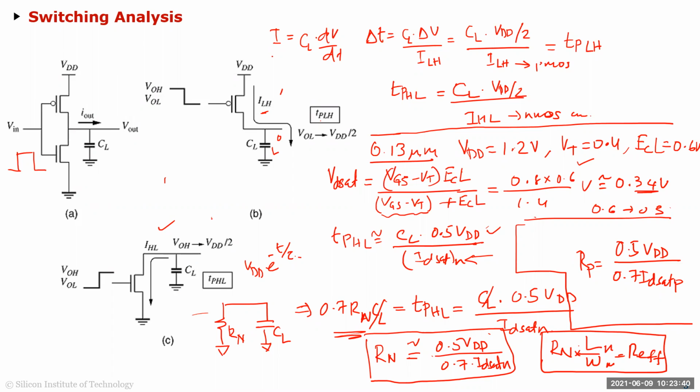We are discharging it from VDD or VOH to VDD by 2. In case of CMOS, it will be VDD to VDD by 2. And in case of this one, it will be from VOL to VDD by 2. In case of CMOS, it will be 0 to VDD by 2. So if your VDSAT, for example, we calculated is 0.3 volts for the NMOS, then obviously for the entire discharging period from VDD to 50%, it's actually going to be in saturation.